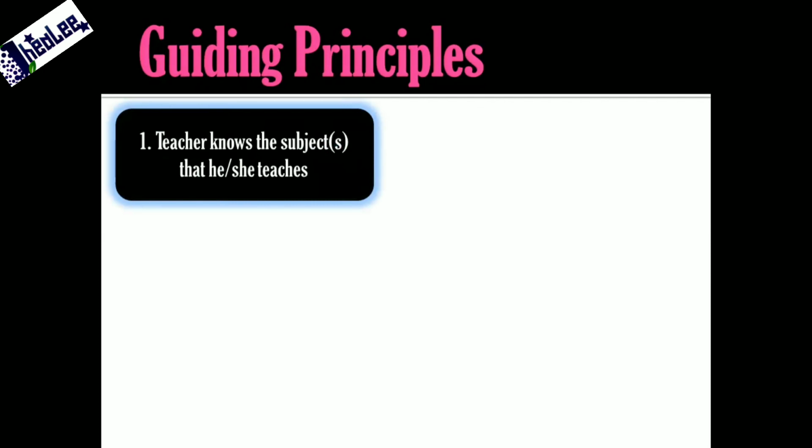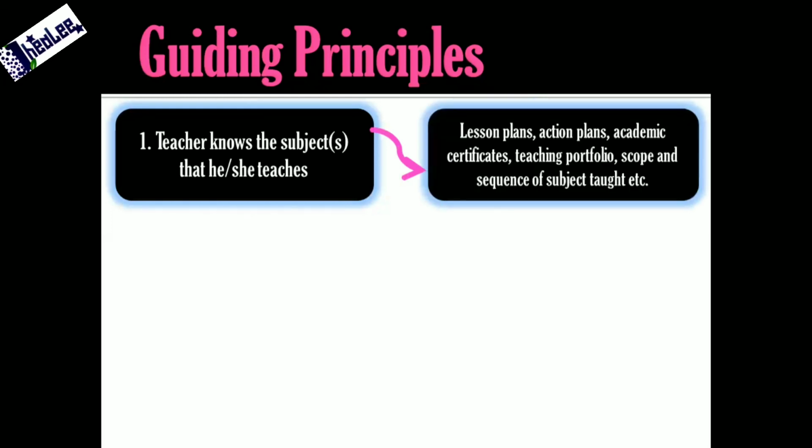Below each guiding principle within the teacher appraisal instrument, you're presented with a list, examples of sources that can be used. So for the first principle right there, you can use your lesson plans, action plans, academic certificates, teaching portfolio, scope and sequence of subject, etc. So for example, for the lesson plans, within guiding principle one, there is an item there that speaks to the use of technology, right?